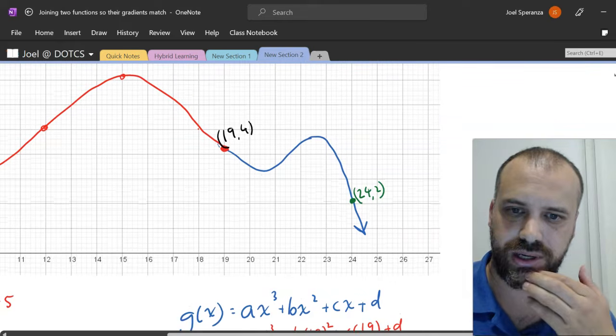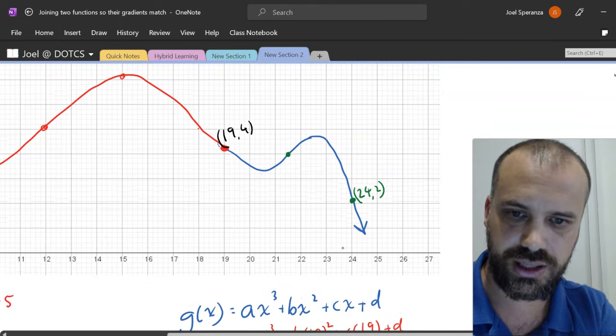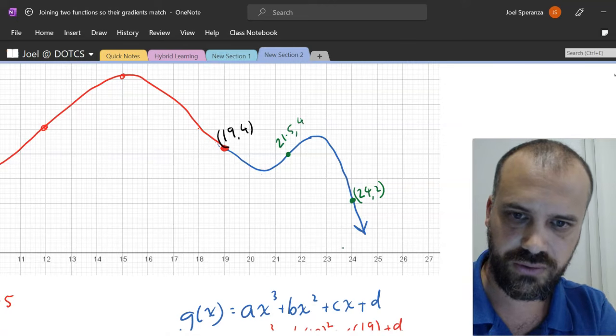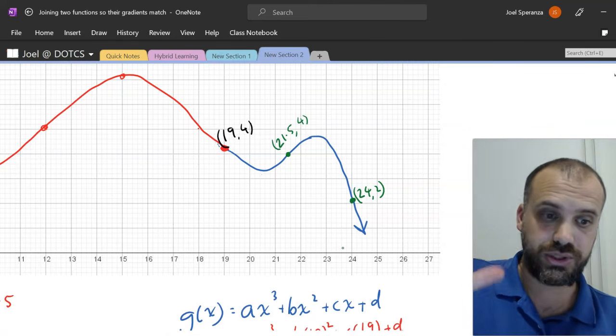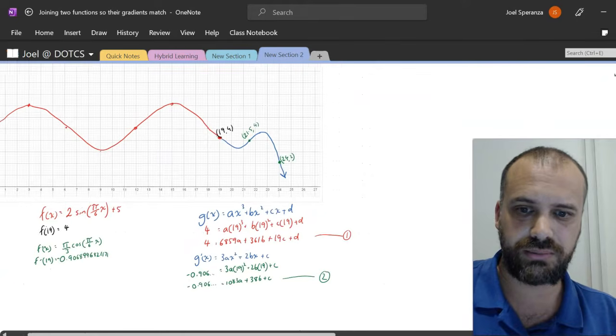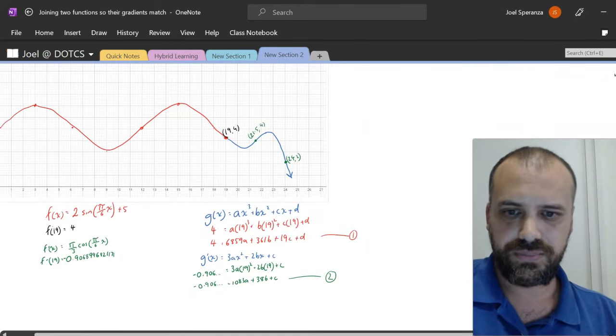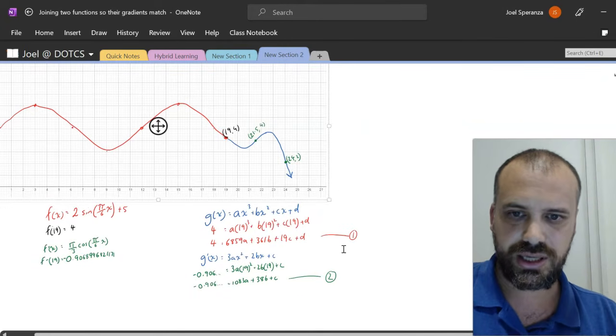And I want it to pass through this point here, which we'll call 21.5, 4. Now, these aren't precise, but again, I'm choosing those points to be the ones that my equation is going to pass through.